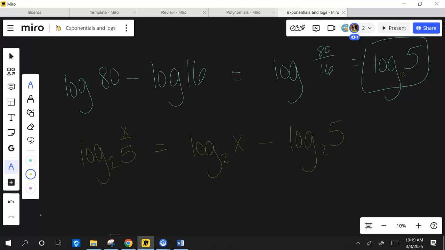All right, so if you see subtraction, that means I'm dividing, or if I see dividing, I split it into subtraction. If you see multiplication, that means add, or if you see addition, that means multiply, okay? You're always looking at what this number's doing.